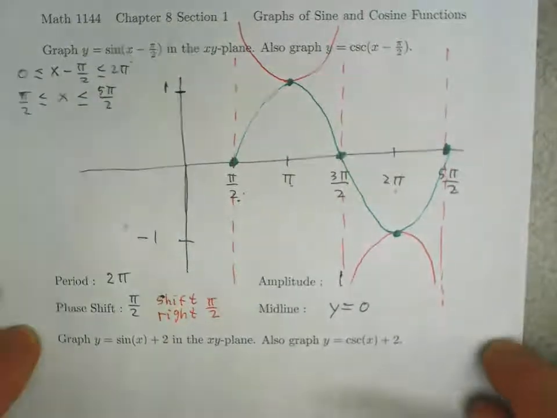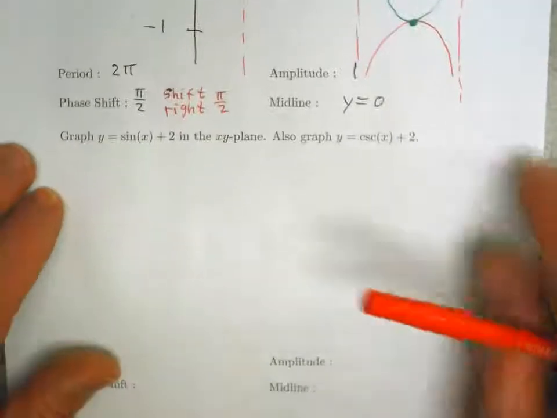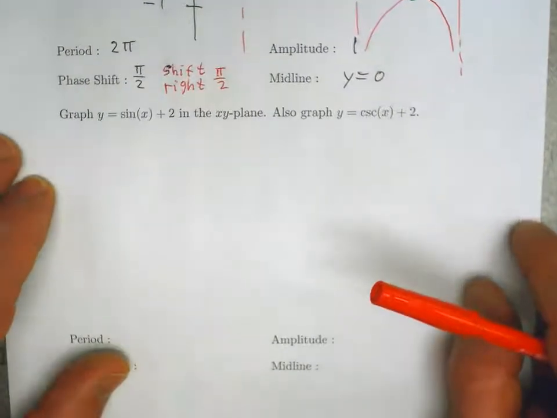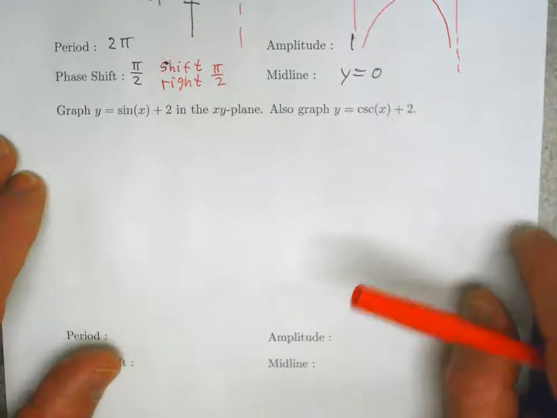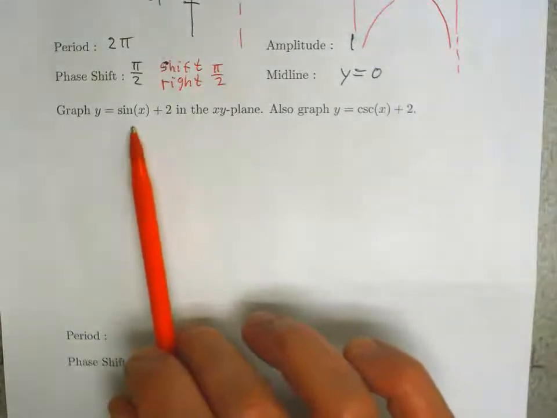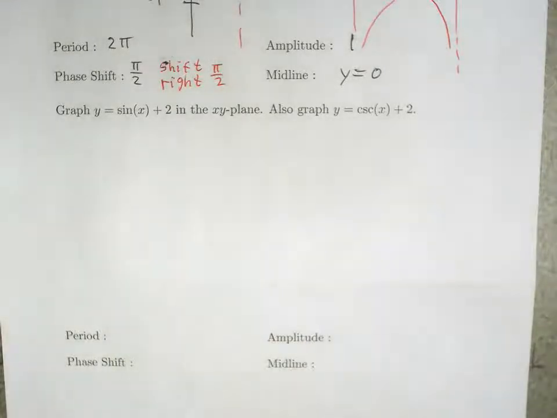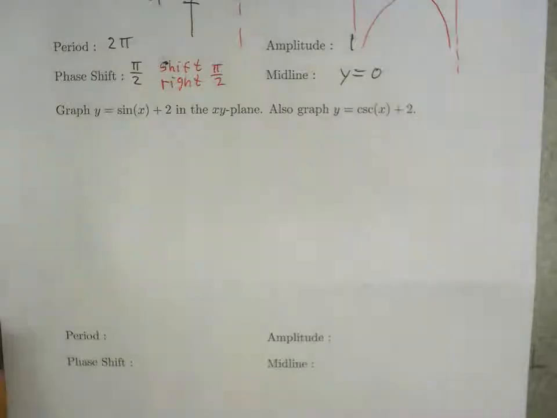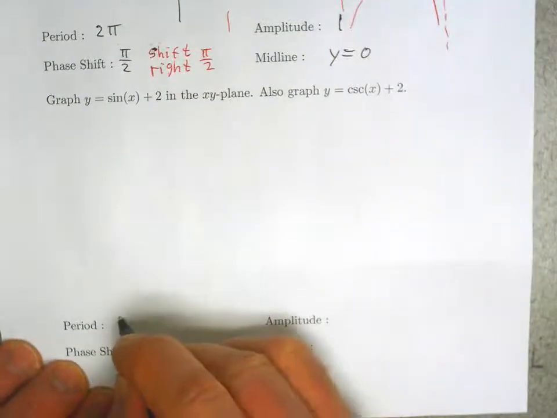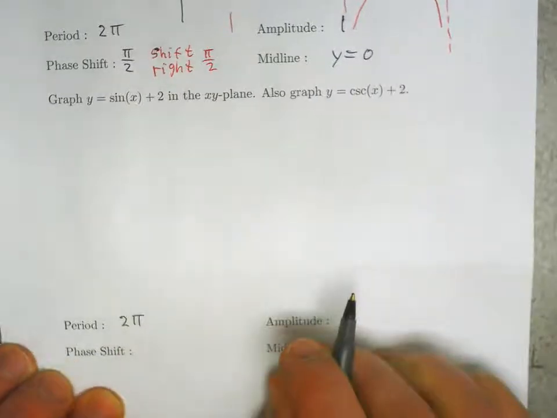Okay, let's keep going. Here's the next one. Graph y equals sine of x plus 2 in the xy plane. So the plus 2 is outside or apart from sine of x. So the period is 2 pi. 2 pi divided by 1 is 2 pi.